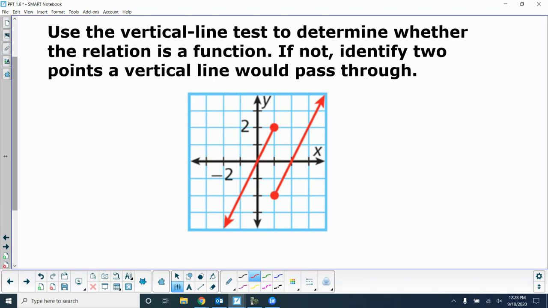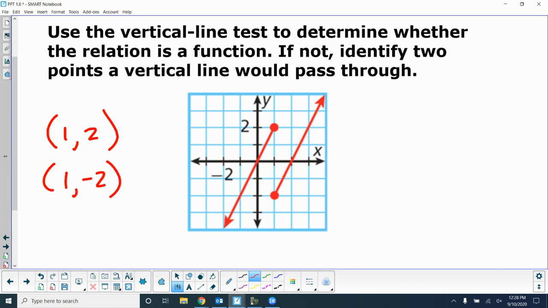Is it like stops or no? Are you talking yourself into it or out of it? Well, I don't think it is. Okay, that was your first thought, right? That was what your gut said, right? Go with your gut. So give me 2 points that a vertical line would pass through. 1, 2, and then 1, -2. Very good. That is correct.